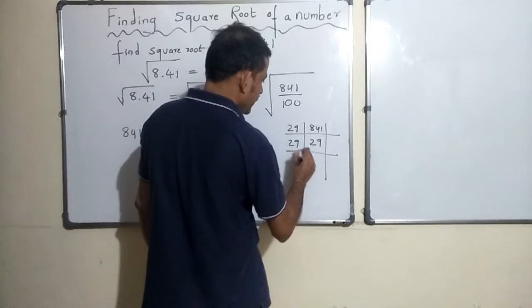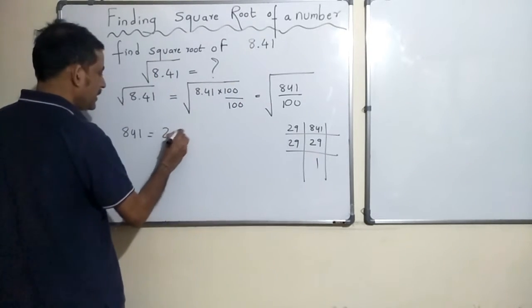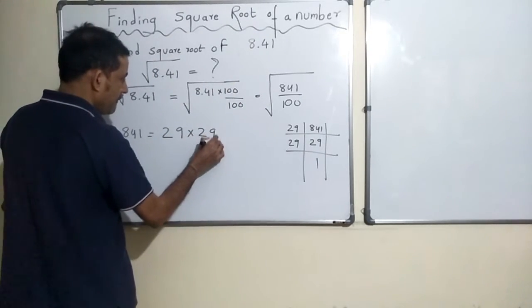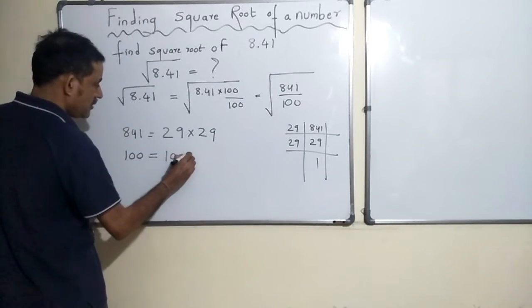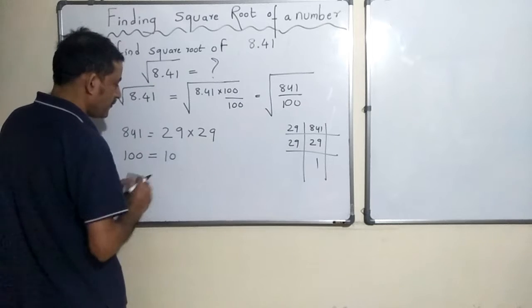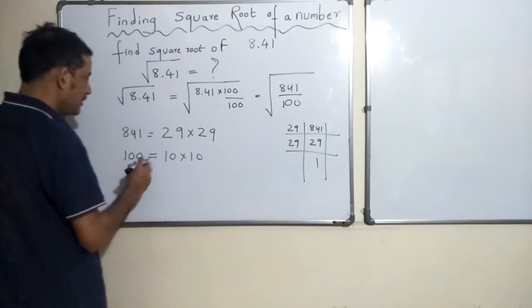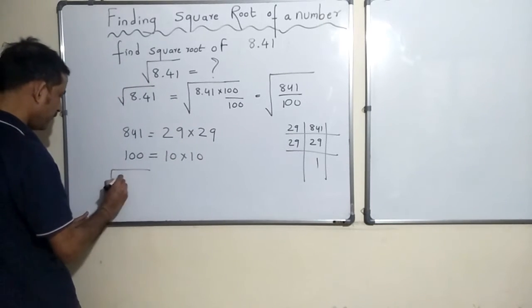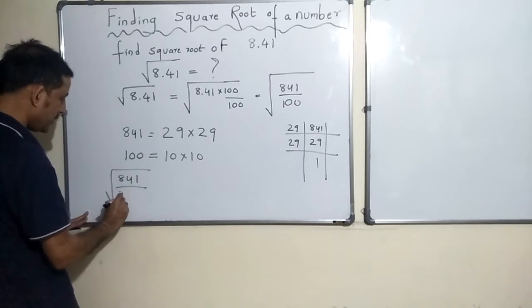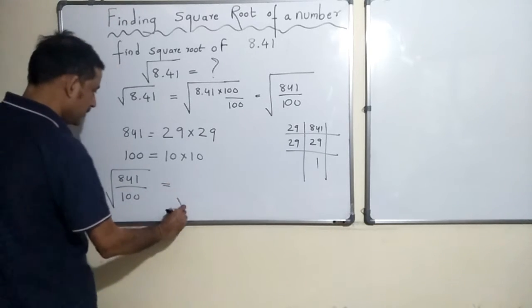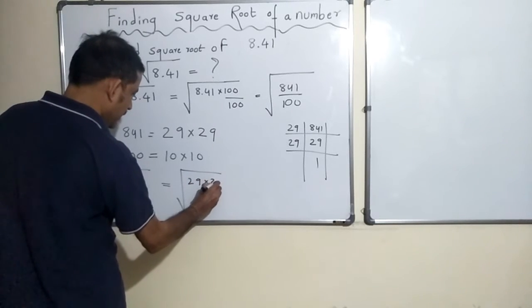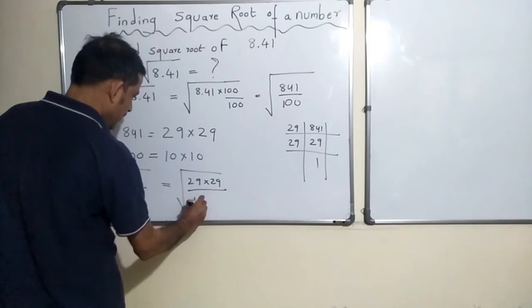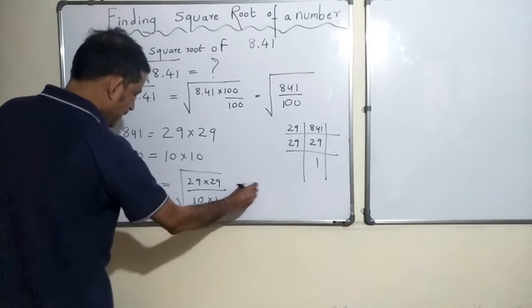So this is 29 into 29, and 100 is nothing but 10 into 10. So the square root of 841 by 100 is the square root of 29 into 29 over 10 into 10.